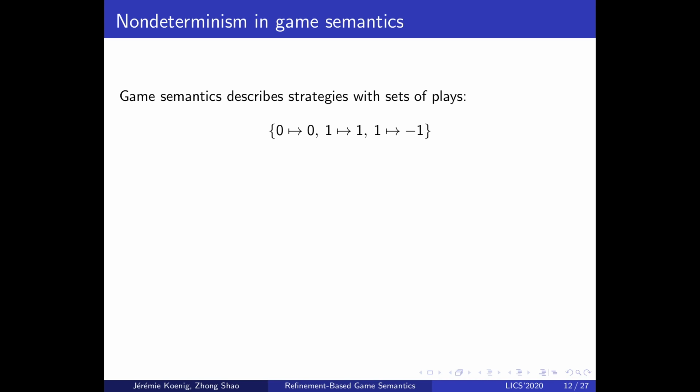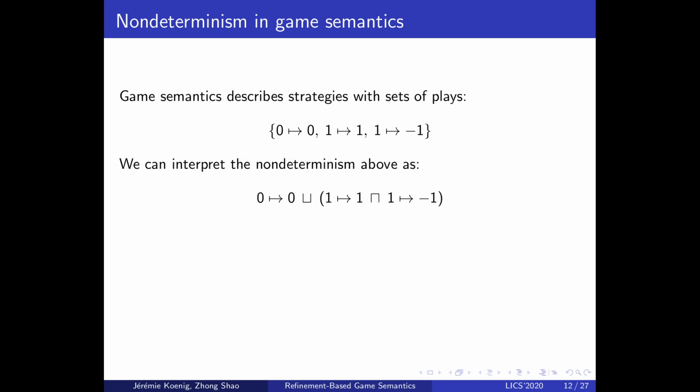When we look at a set like this one, we can use the polarity of moves to interpret non-determinism in the corresponding direction. So this set can be read as a specification which requires 0 to be mapped to 0, but allows 1 to be mapped to either 1 or -1.